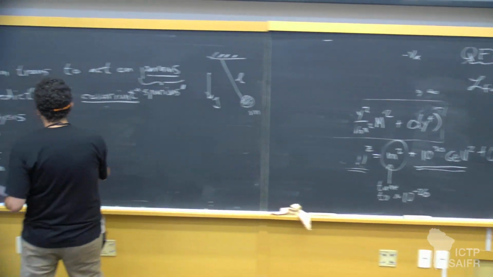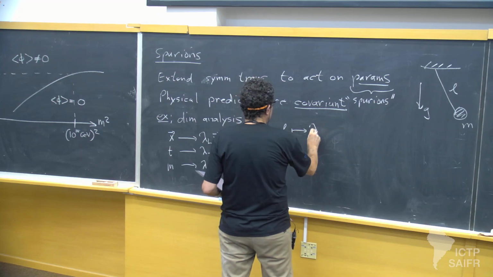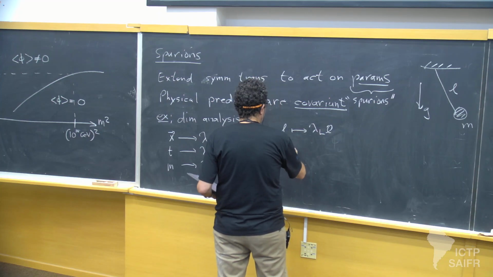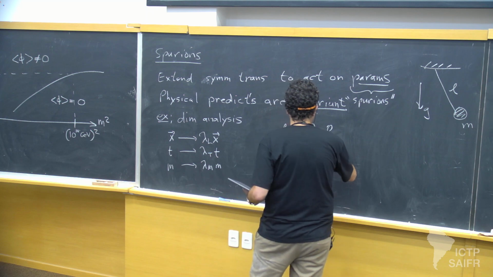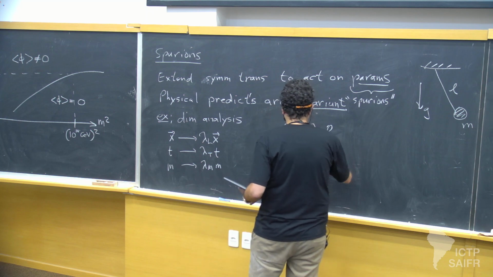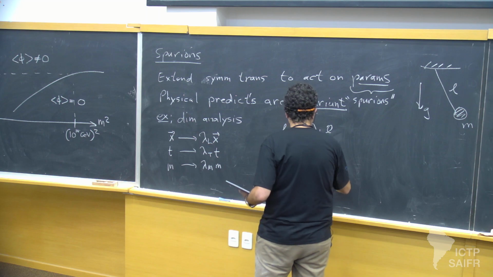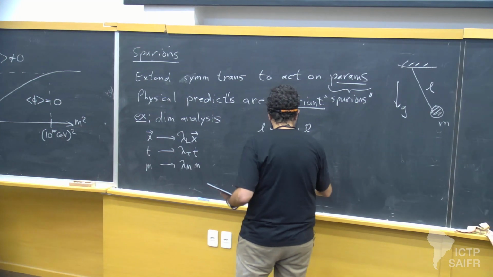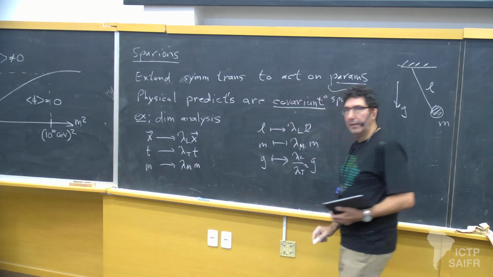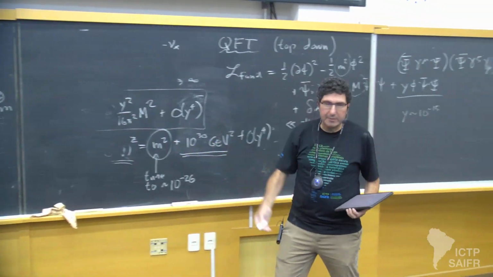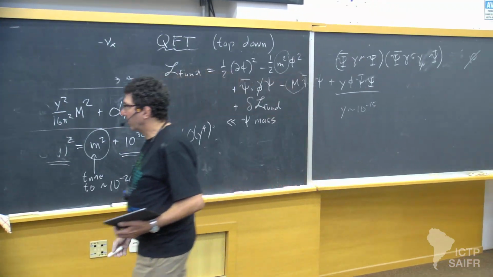Under this transformation, L scales by lambda L, right? The mass, of course, scales by lambda m, and the gravitational acceleration scales by lambda L over lambda t squared. Okay? So it's definitely not a symmetry. The length, the mass, and g are all changing.